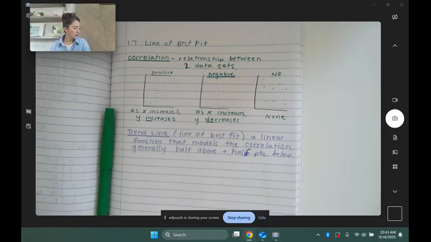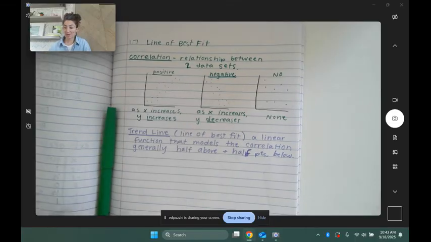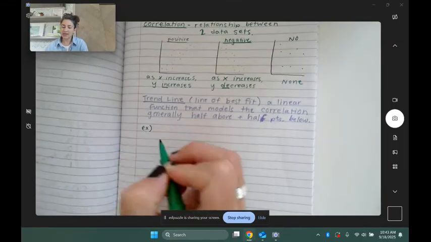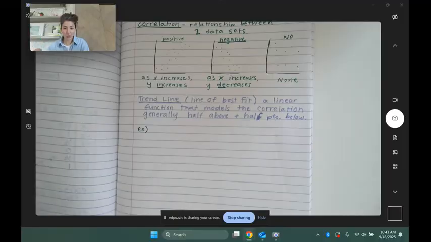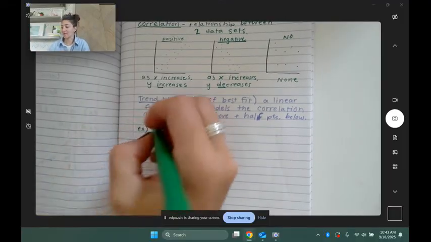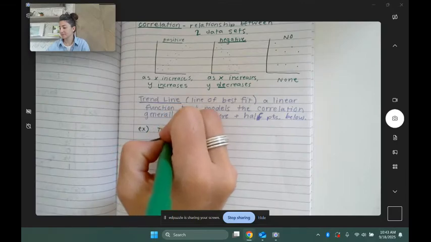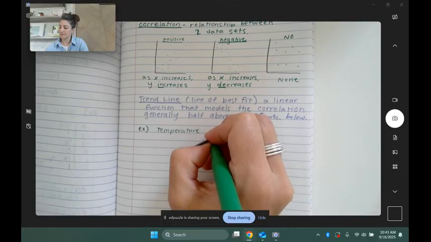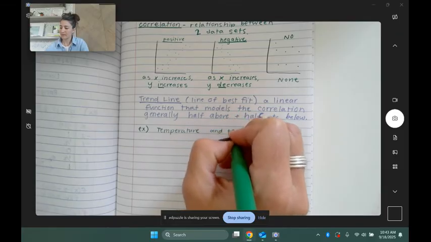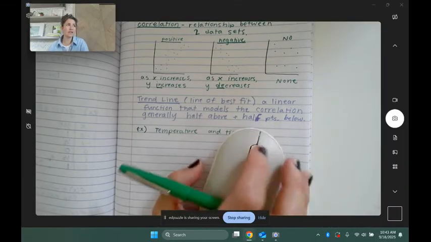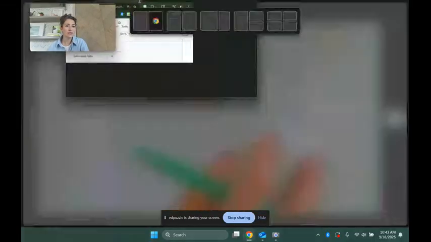We're going to take a look at an example. I'm going to show you a picture of it. This example is the correlation between the temperature and the time. I'm just going to show you the graph, and then we're going to do a little rough sketch of it.